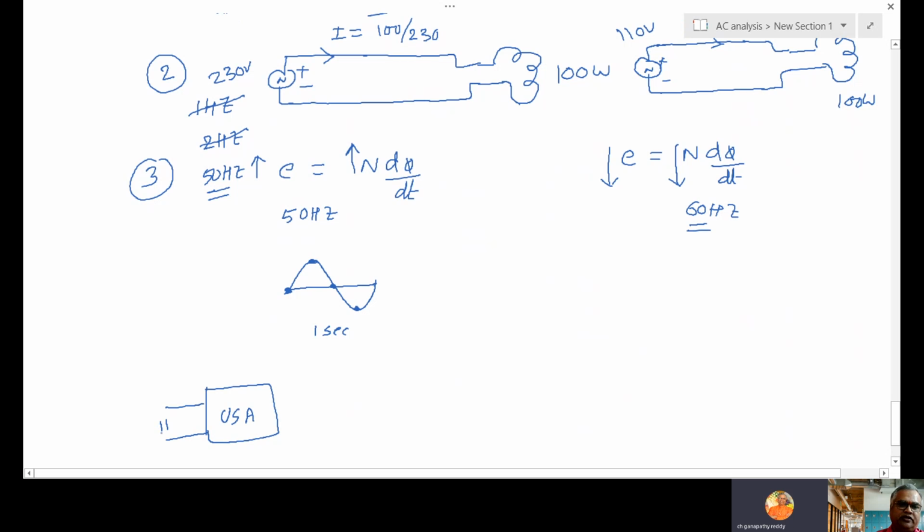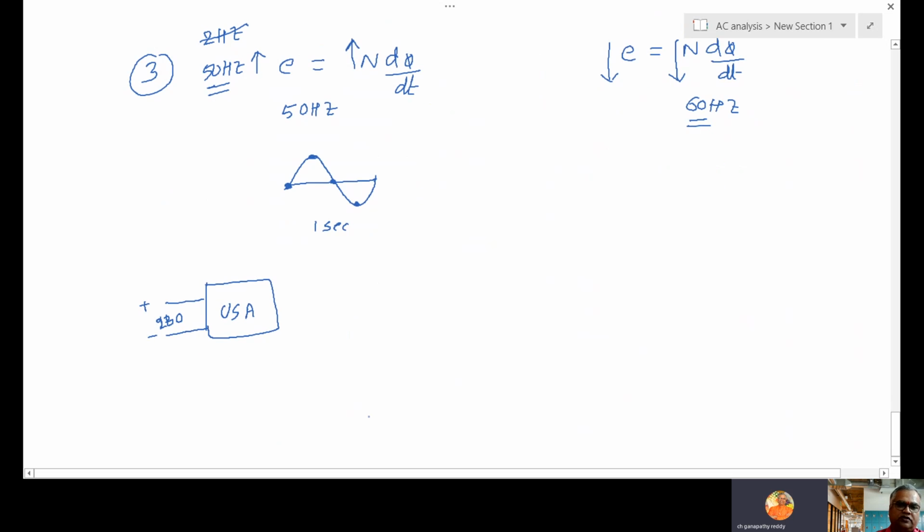But if you use it in India, when you apply 230 volts and switch on, within no time this item will go. Imagine some grinder somebody gifted to you, manufactured in USA, and you are using it in India. When you apply 230 volts, just to switch on, immediately the grinder will go. So what is the solution for this?